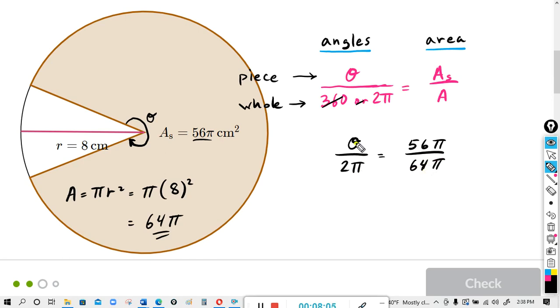Solving for theta, here we're dividing by 2 pi. The opposite of dividing by 2 pi is multiplying both sides by 2 pi. So 2 pi over 2 pi, and we're left with theta. Pi divided by pi cancels. 64 divided by 2 is 32, and we have 56 over 32 times pi.